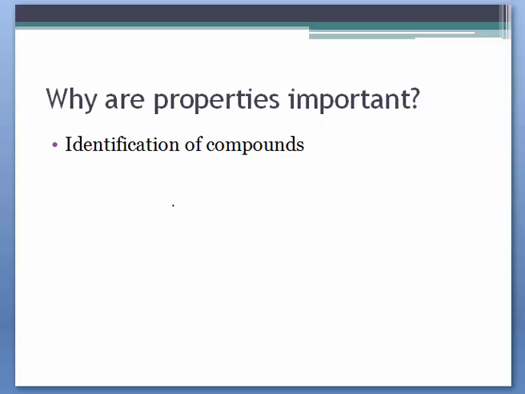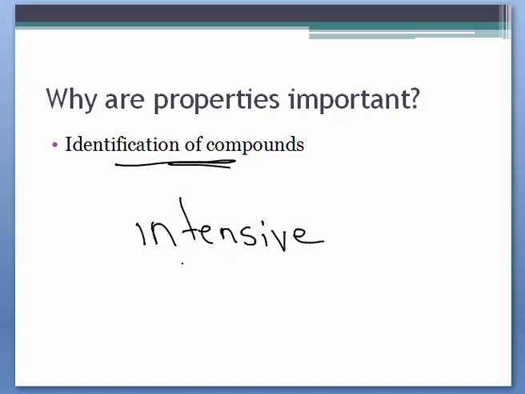So, why are these properties important? Well, what we're going to do with properties throughout the year is we're going to identify compounds based on their properties. Mass and volume, extensive properties, will be used in the lab to collect data. Oftentimes, though, when we identify compounds based on data, it's usually the intensive property that is going to give us a clue as to what the compound is.